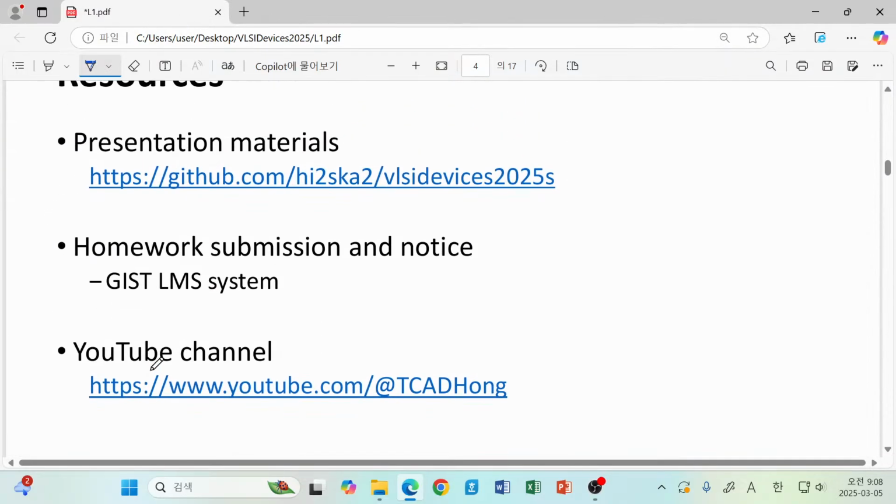I will use the LMS system for announcements. If I make any announcement, an email will be sent to you automatically, but please check our LMS system occasionally. We also have homework submission.